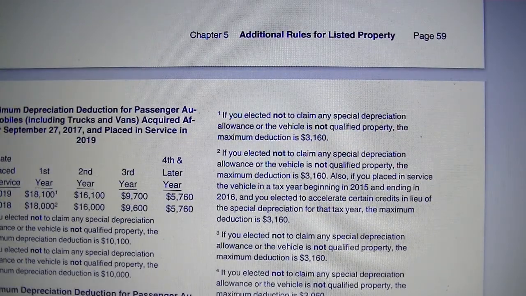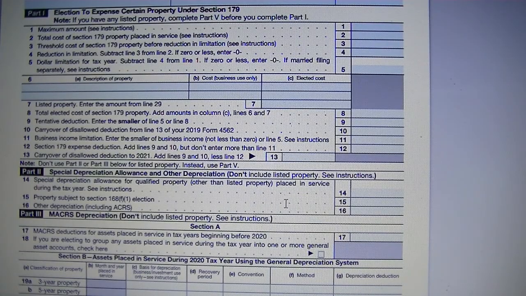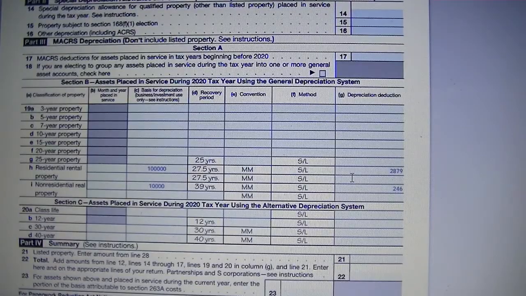So if you are using it 100% for business, well, you could easily put your depreciation information on Part 3, Section B.